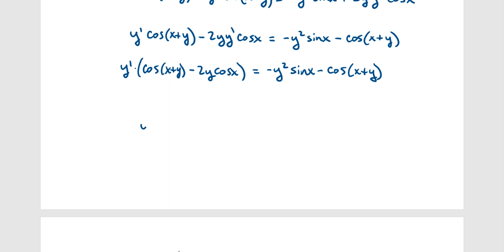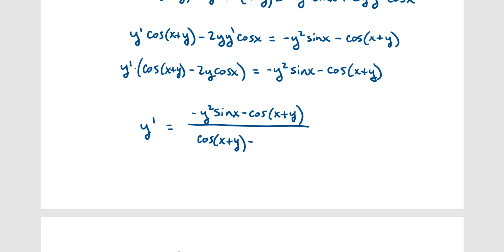So y prime equals that right-hand side divided by what was in those parentheses. That technique is pretty common: get everything with a y prime on one side and everything without a y prime on the other side, factor out the y prime, and divide by what was left over.